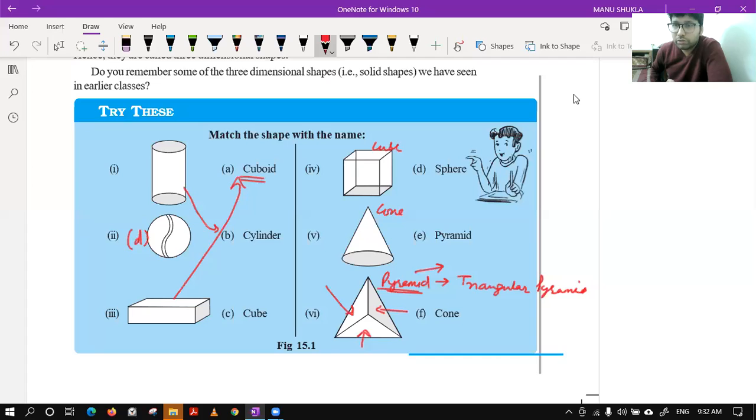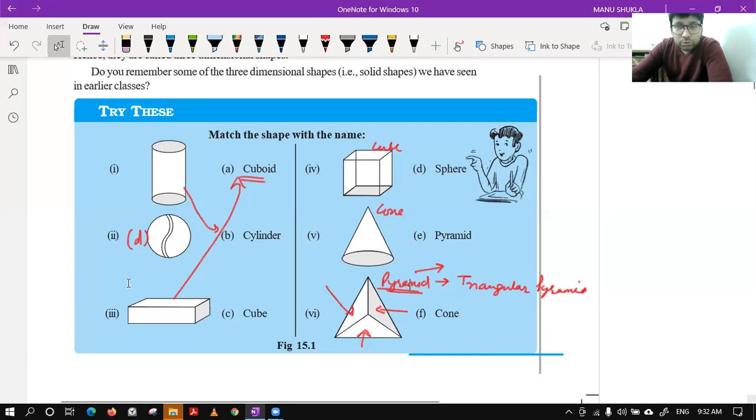Please tell, class, we have done the concept of prism also. Very good, Kritika. It is actually a parallelogram, but you can take rectangle also because a rectangle is also a parallelogram. So it is a parallelogram.